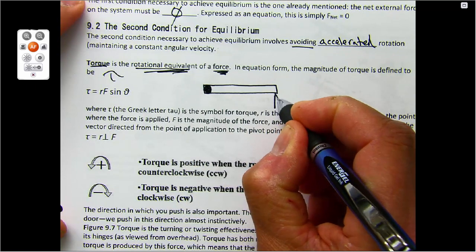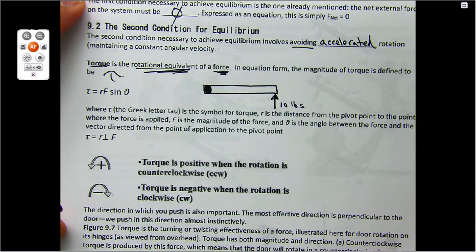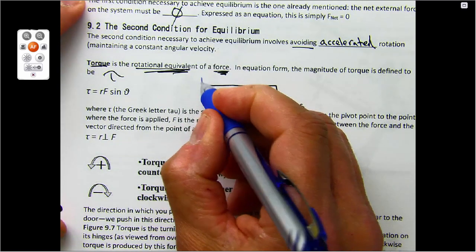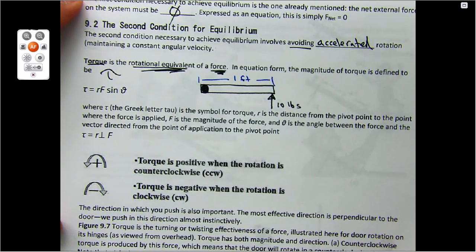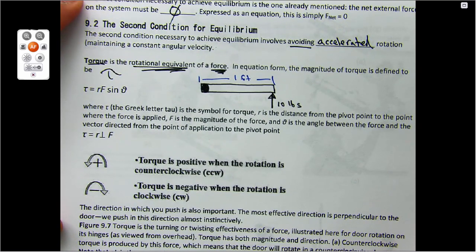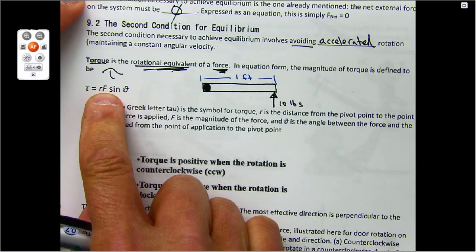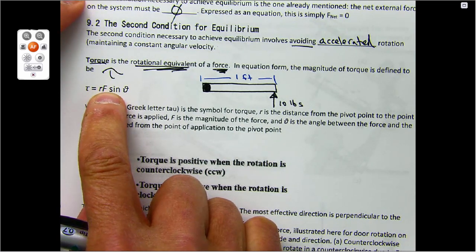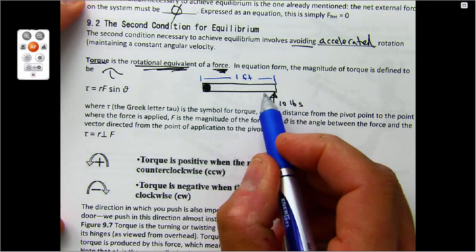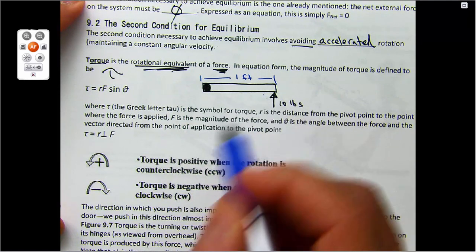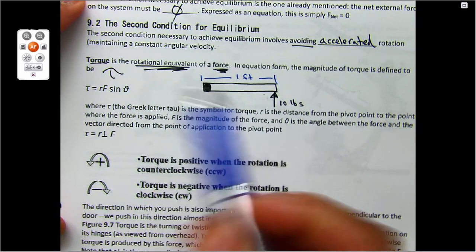If you apply a force up here of 10 pounds, and this is 1 foot, your torque is the radius, 1 foot, times the force of 10 pounds, sine theta. If you are doing it like this, it would be the sine of 90, and the sine of 90 is 1. This is 10 foot-pounds, right?